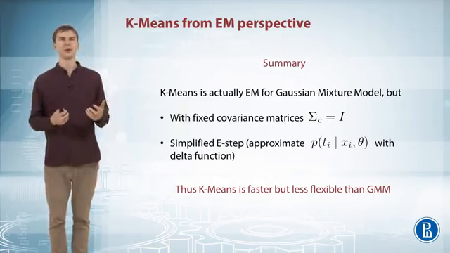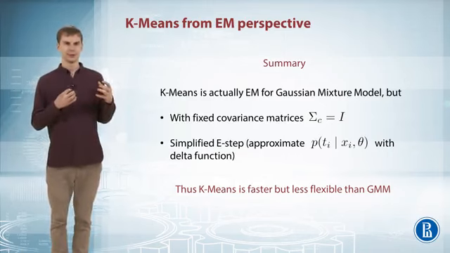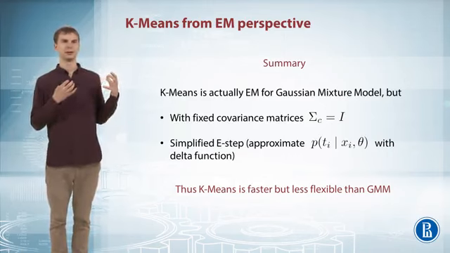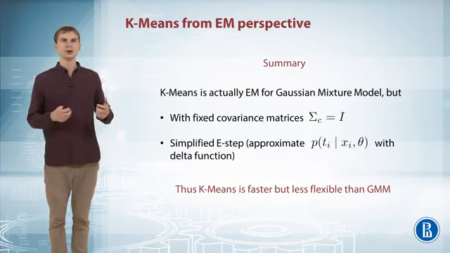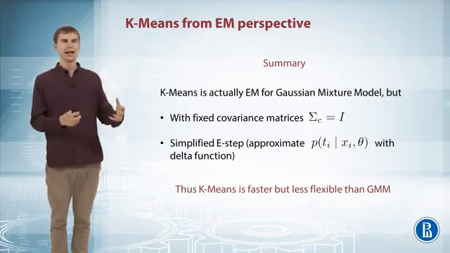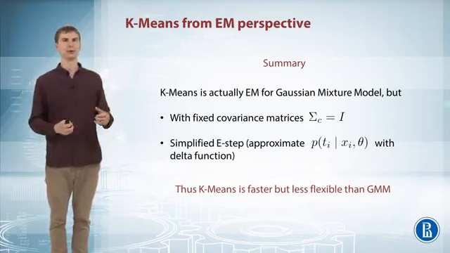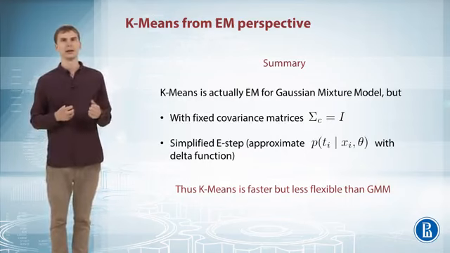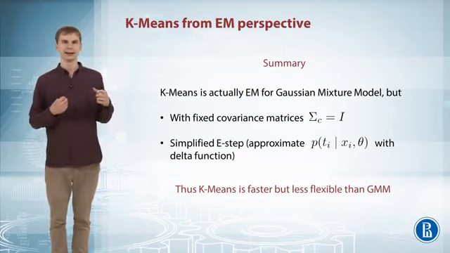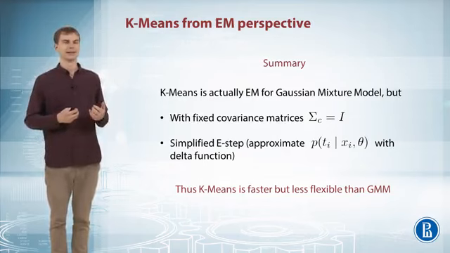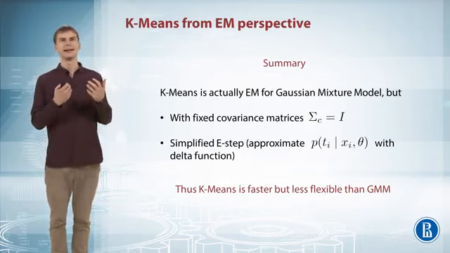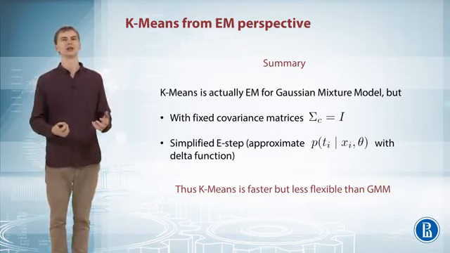So it's really cool. We have just taken your usual machine learning algorithm for clustering, which is not probabilistic in any sense, and we showed that it's a special case of the EM algorithm applied to some restricted Gaussian mixture model. So now, using this knowledge, we can, for example, change something in k-means, and we know how to adapt the training algorithm to these changes.